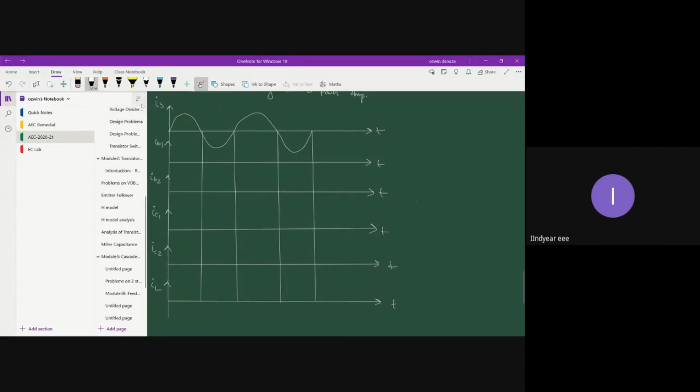Now we have the sketching of the respective base current. In case of transistor Q1, the base current IB1 persists for only 180-degree duration, and that too for the 0 to 180-degree duration. That means at IB1, you are going to have the time duration 0 to 180 degree, which is the positive half cycle. So let me sketch IB1.